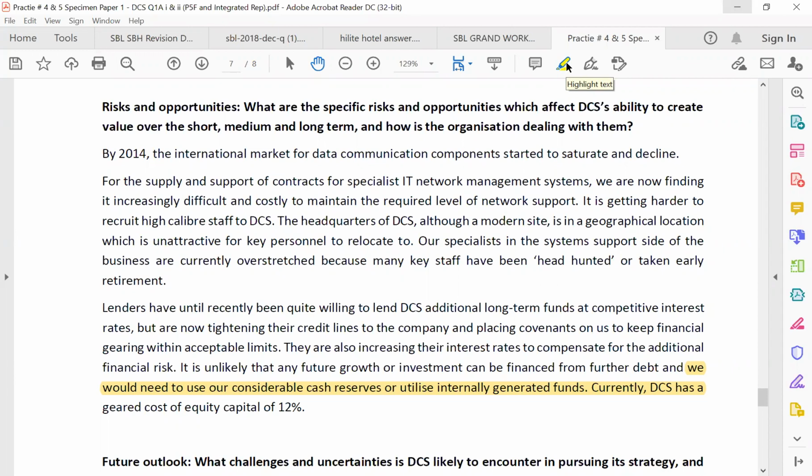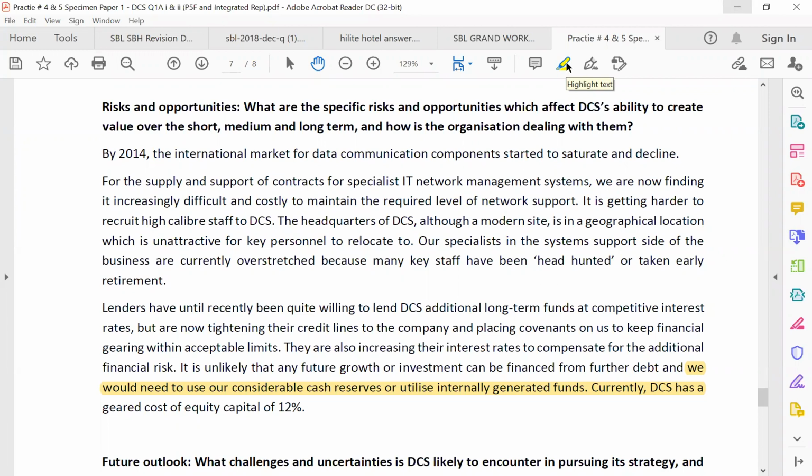Lenders have until recently been quite willing to lend DCS additional long-term funds at competitive interest rates, but are now tightening their credit lines to the company and placing covenants on us to keep financial gearing within the acceptable limit.